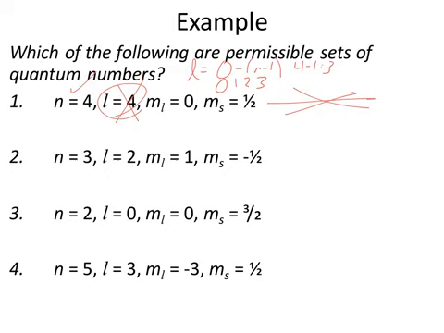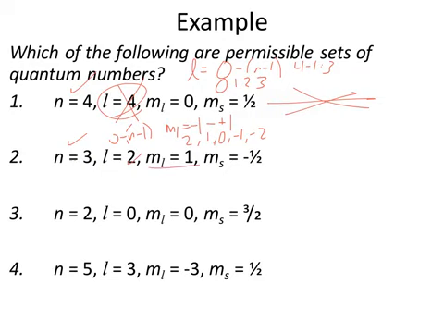If we look at number 2 here, n is equal to 3. Okay, that's fine. L is equal to 2. That also makes sense because, again, it could be anywhere from 0 to n minus 1. 3 minus 1 is 2, so that's fine. The possible values for ml: if L is any value, ml will be equal to negative L to positive L. So if L is equal to 2, the values for ml would be 2, 1, 0, minus 1, minus 2.